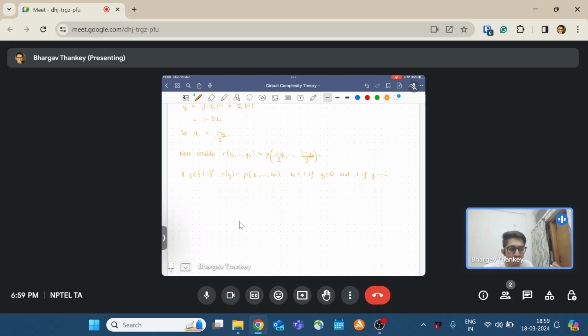Now all we have to do is take this 0, 1 and map it to plus minus 1, and we would be done, right? Because then the output would be plus or minus 1, depending on whether the output of P at the corresponding string is 1 or 0.